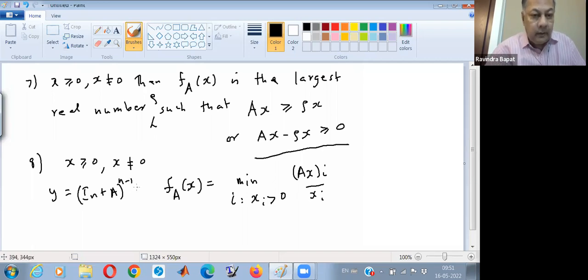We know from the earlier result that this matrix is strictly positive. Then f(y) is greater than or equal to f(x).